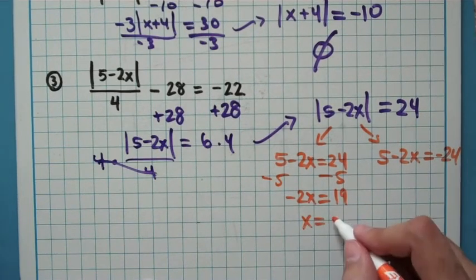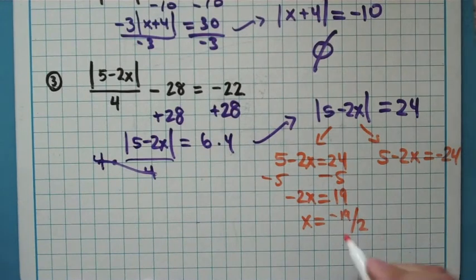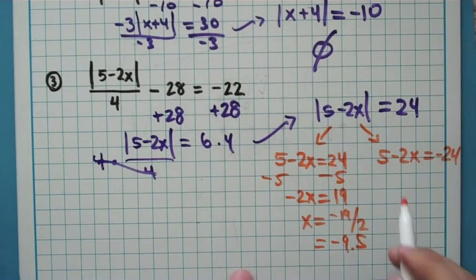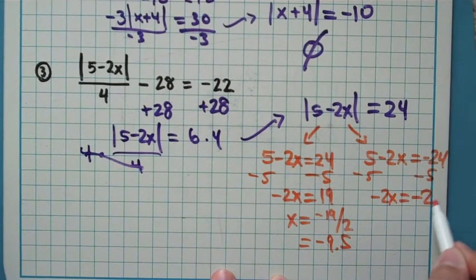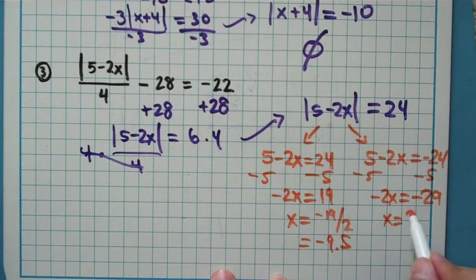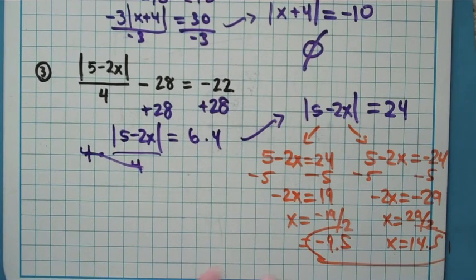This one's going to be negative 19 over 2, which is negative 9.5 if you want to do a decimal. And over here, I believe you're going to end up with 29 over 2, or 14.5 as a decimal. And those are your two solutions.